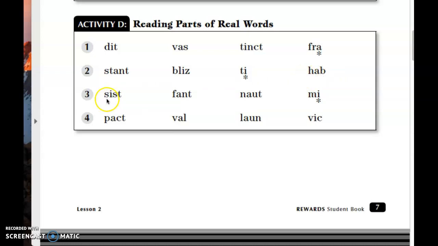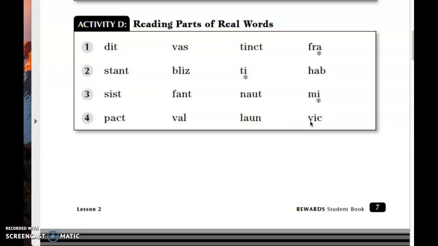Line 3, ist, cyst. What part? Cyst. Next word part, ant, fant. Aunt, naunt. My. Act, packed. Owl, vowel. On, lawn. Vict.